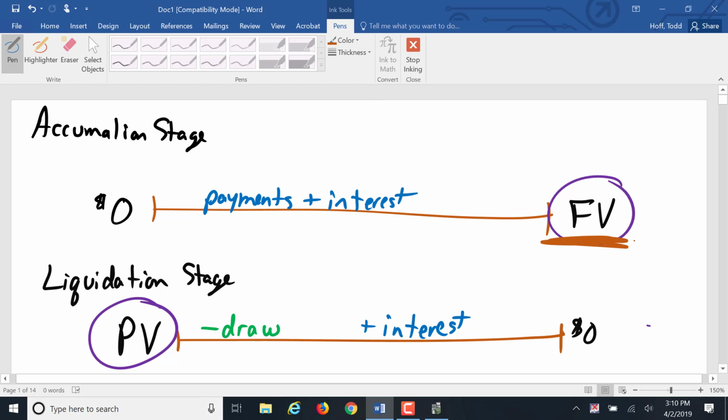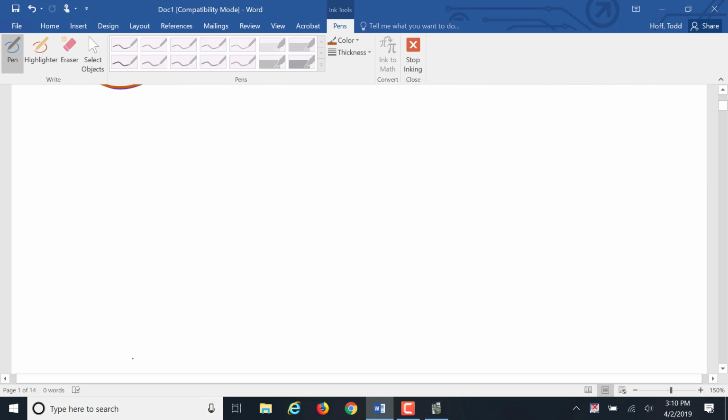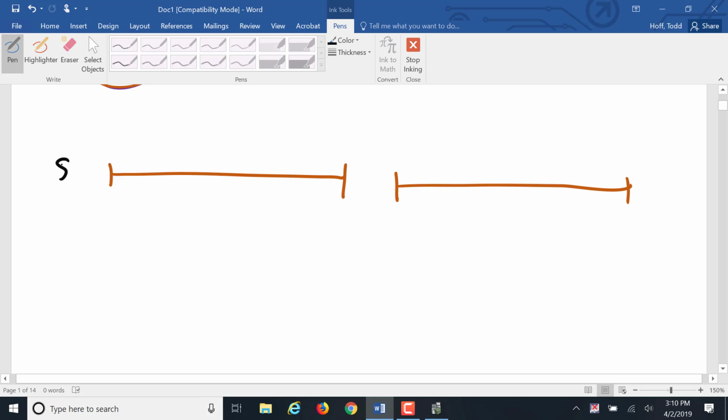This future value here of the accumulation stage that happens first becomes the present value of the liquidation stage. So these two timelines end up being connected together like this. So this is the accumulation stage here. We start out with a zero balance, and it builds up to that future value.